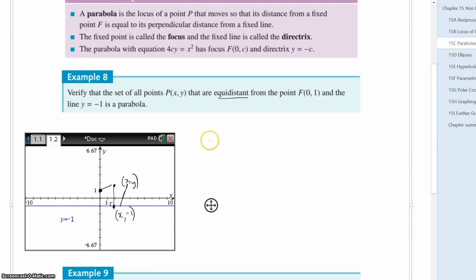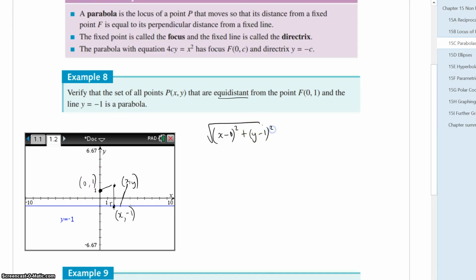So I'm going to get this formula, and it's going to be the square root of, I'll do between this point and this point here, so that's (0, 1). So I've got (x minus 0) squared, because that point there is 0, and I've also got (y minus 1) squared. And I'm going to make that equal to the other side, which is (x minus x) squared, which is actually just going to be 0, but we'll go with that, plus (y minus -1) squared.